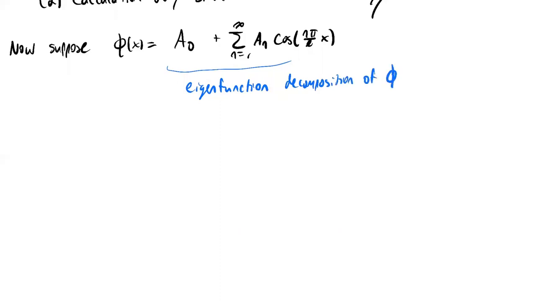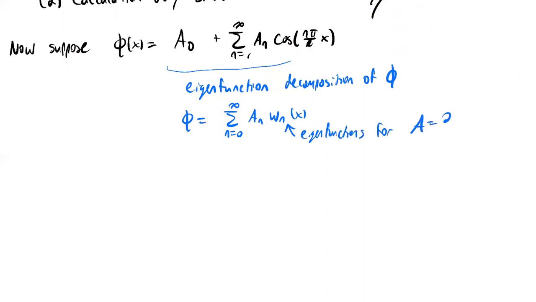I'm writing phi as a sum from n equals 0 to infinity of a_n times W_n of x, where these are the eigenfunctions for the operator A, which was minus the second derivative with respect to x.